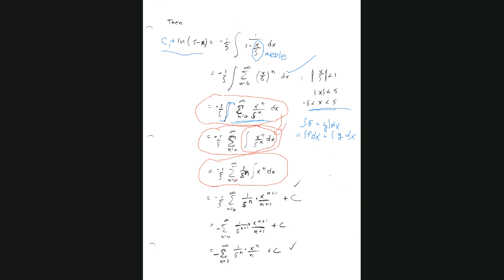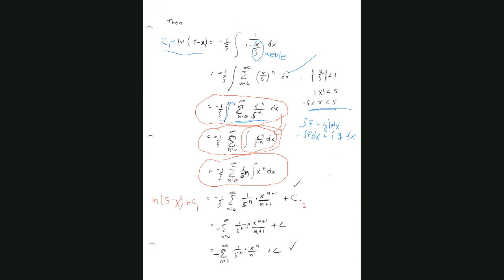Now, what we have is the log of 5 minus x plus C1 equals this plus C2.